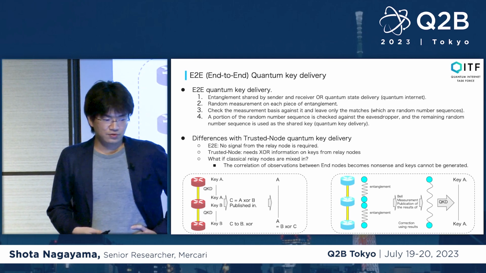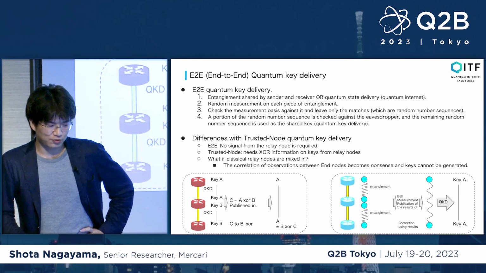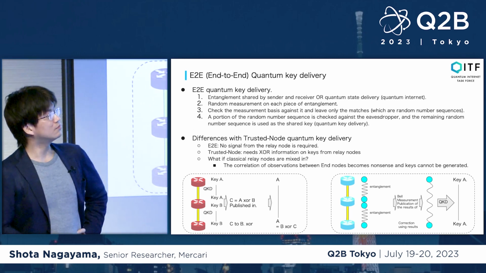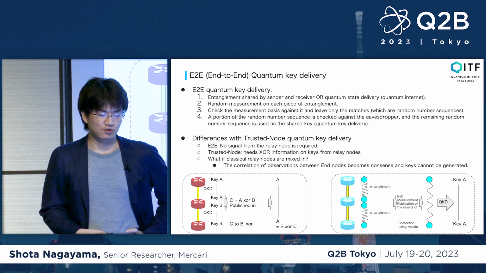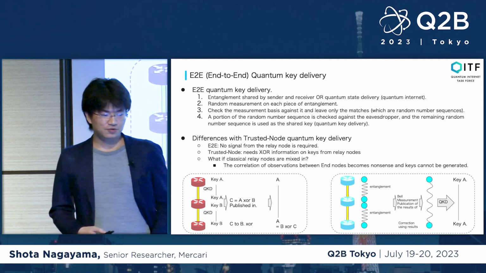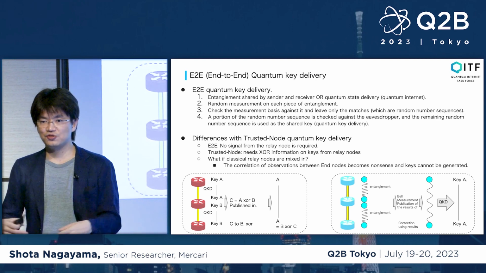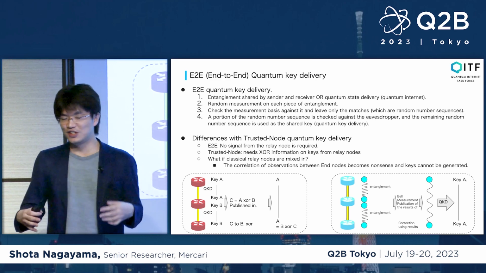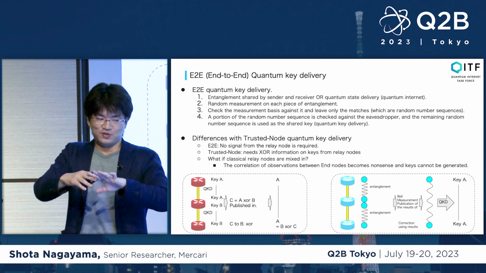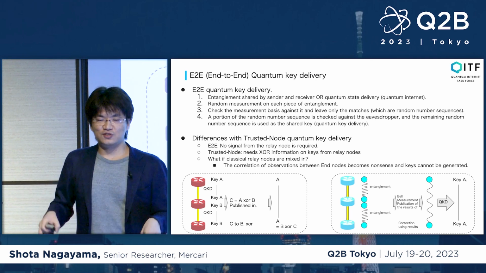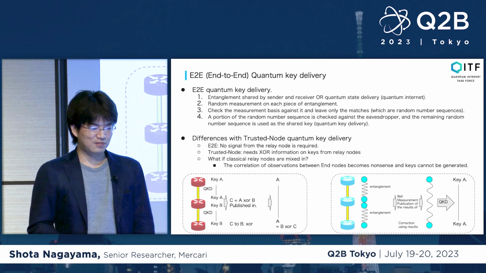So this is the slide on a use case, end-to-end quantum key delivery. I can talk about the mechanism, but maybe I should focus on what's interesting about this. RSA may be broken using quantum computing. Some people are talking about that. The reason is that in key delivery today, the information necessary to decrypt the key is already on the internet.